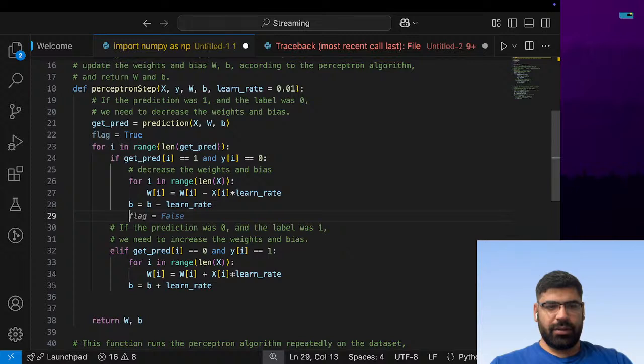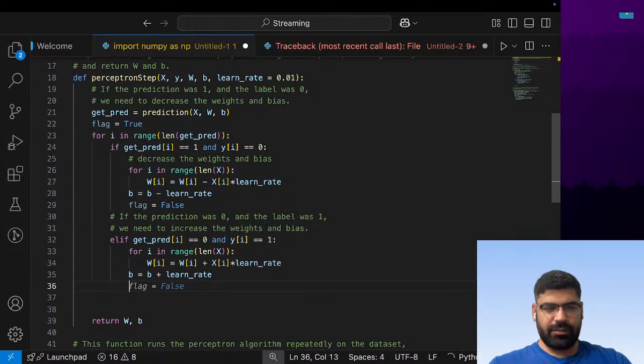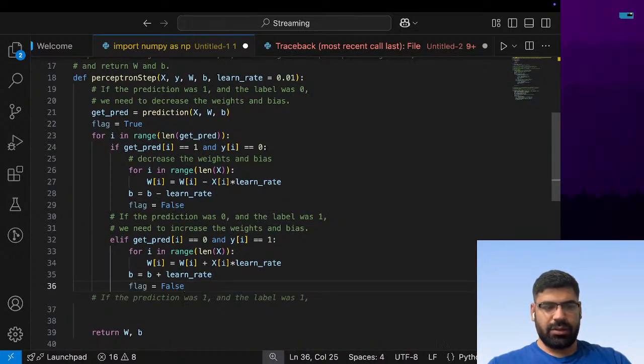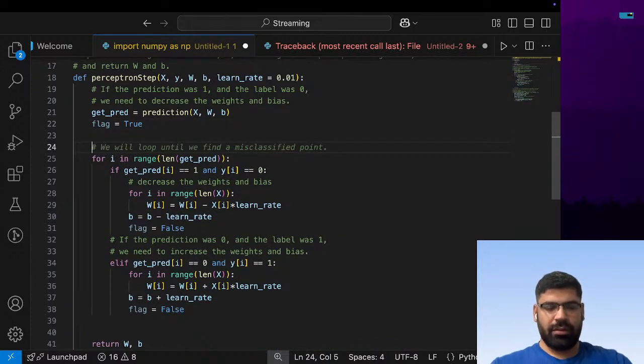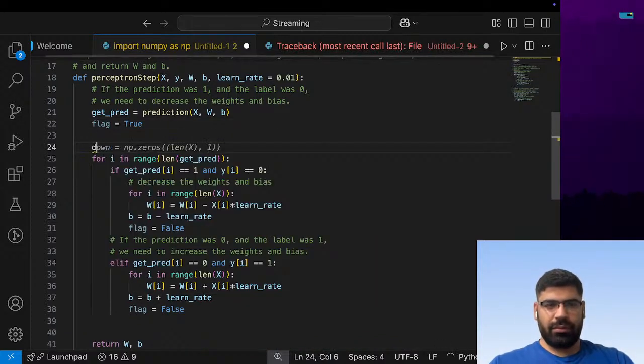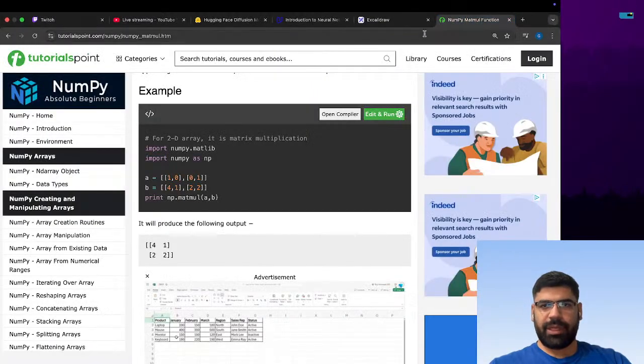And if the prediction becomes false, the flag becomes false. How is do while loop in Python?